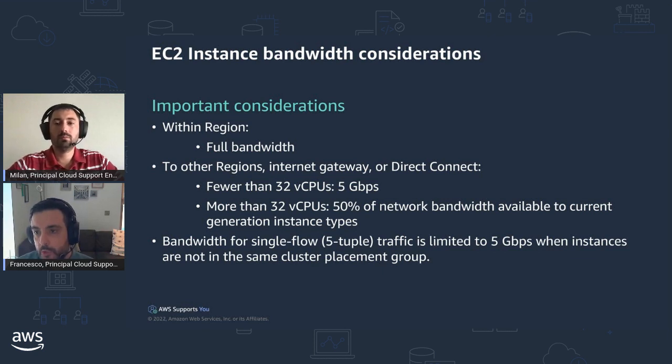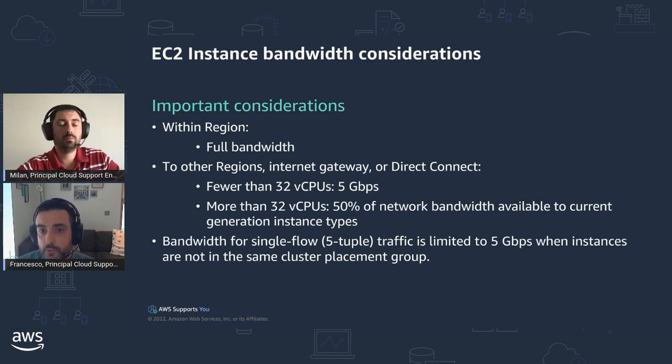But if you're moving to another region, going through the internet gateway to the internet, or using Direct Connect, and you have fewer than 32 virtual CPUs on the instance, you will be limited to a total of 5 gigabits per second. If you have more than 32 virtual CPUs, you have 50% of the network bandwidth available to that instance type, which means that if the instance limit is 25 gigabits per second, with more than 32 vCPUs, and you're going out of the region, then you will be limited to 12.5 gigabits.